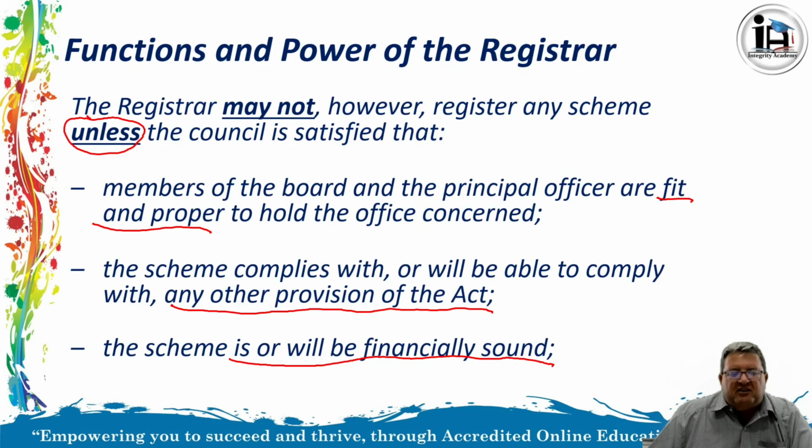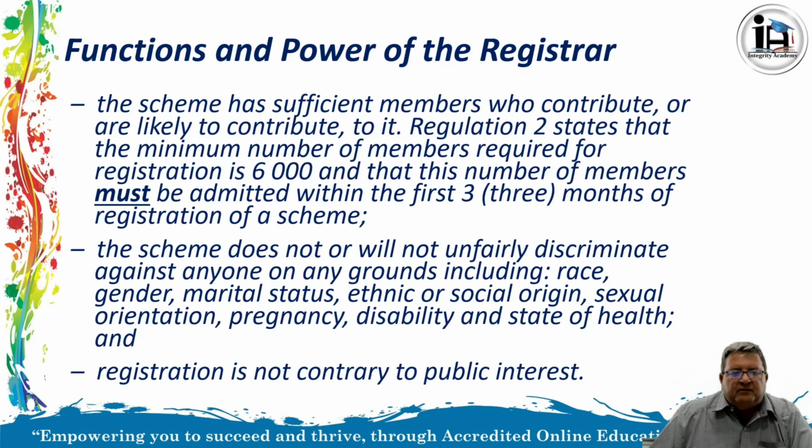There must be enough money, because remember, there might be a lot of medical claims, hospital bills that they need to settle. Unless the scheme has sufficient members who contribute or are likely to contribute to it. So there must be sufficient members who contribute, or the possibility to contribute is very likely.